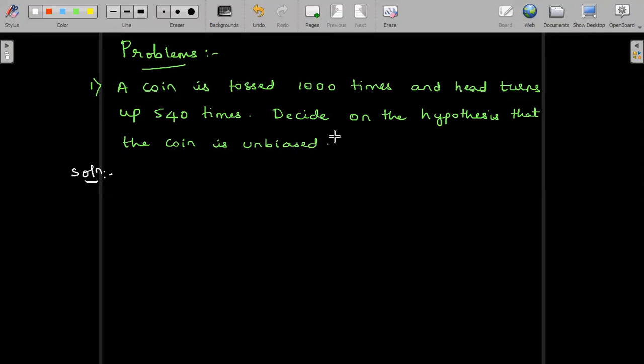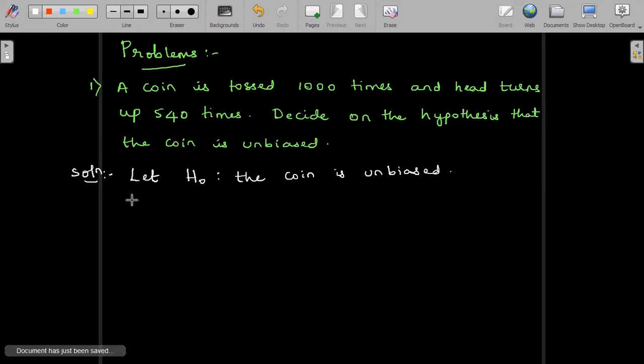So getting a head on the top or getting a tail on the top is 1 out of 2 possibilities. That is the reason it is 1 divided by 2. So firstly, let us assume the hypothesis H naught: the coin is unbiased.